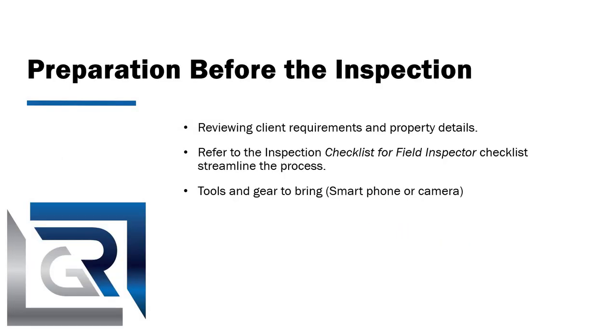Now, just for some tips and tricks, again, in the inspector's guide or checklist, you'll get pretty much a good summation of tips and tricks about what you should and should not do. But I want to point out this.